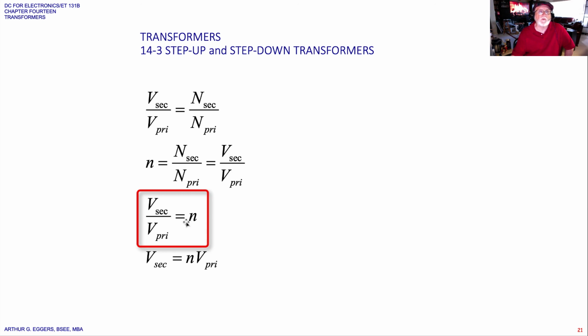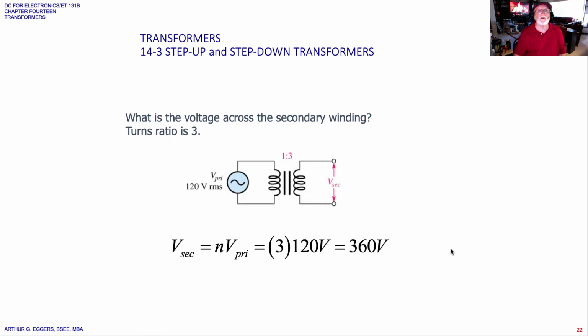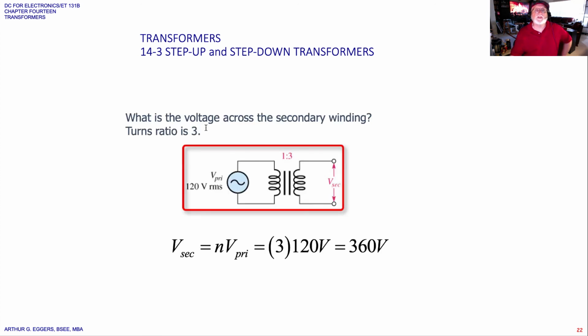So N will equal the secondary by the primary, or we can determine the voltage output, the secondary, as the ratio times the voltage primary. So what's the voltage across a secondary winding? The turns ratio being 3. So we can see in the diagram here, we've got a 1 to 3 relationship.